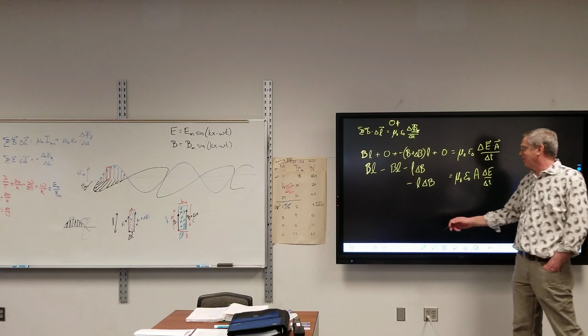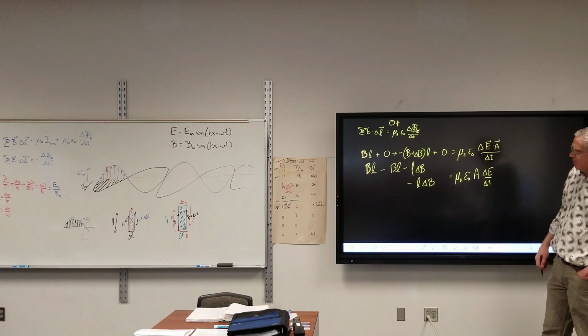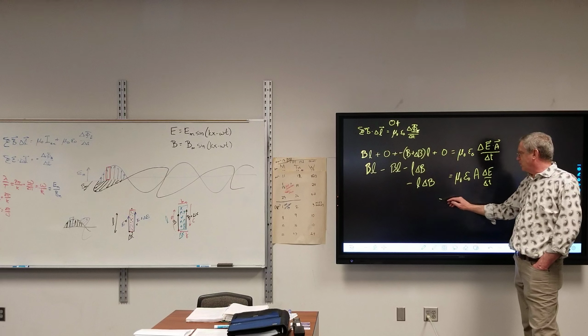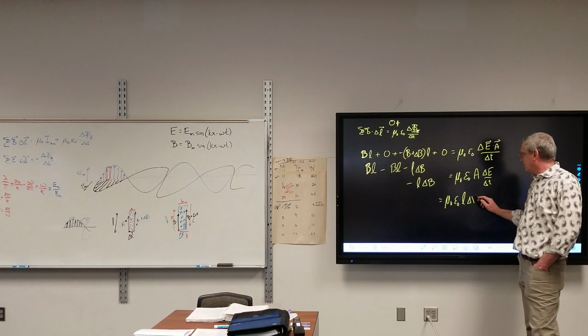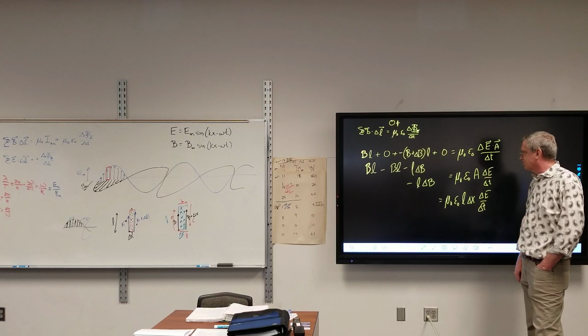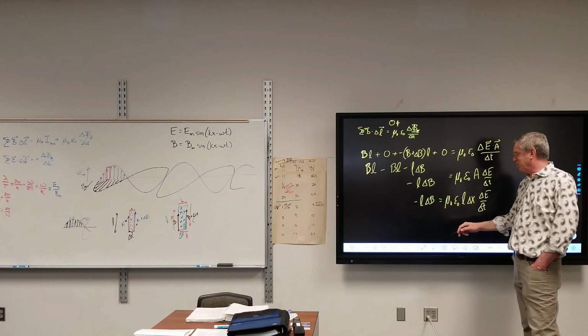All right. What's the area of my rectangle over there? L delta X. So this is equal to mu naught, epsilon sub naught, L delta X times delta E over delta T. Conveniently, L disappears.